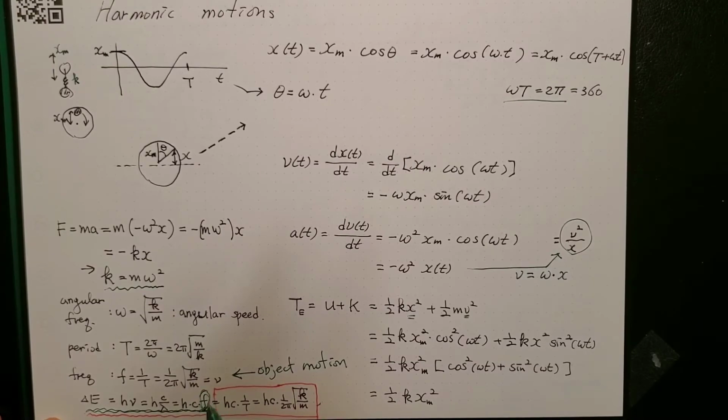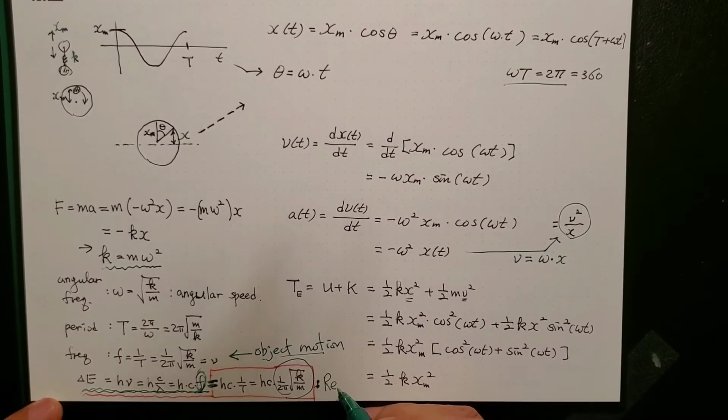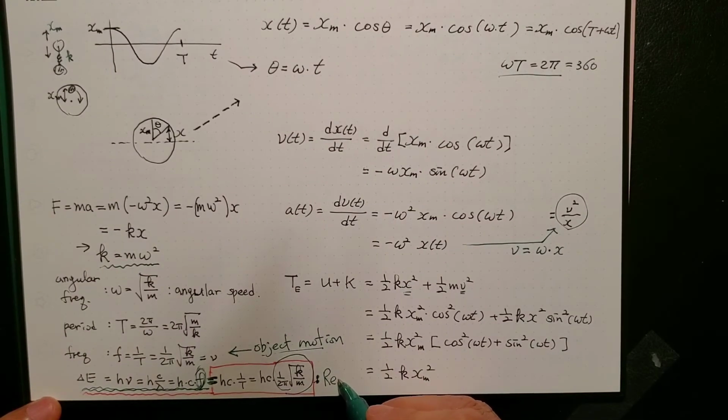So the frequency of light must be equal or similar to that of the object to get absorbed. In other words, for having resonance.